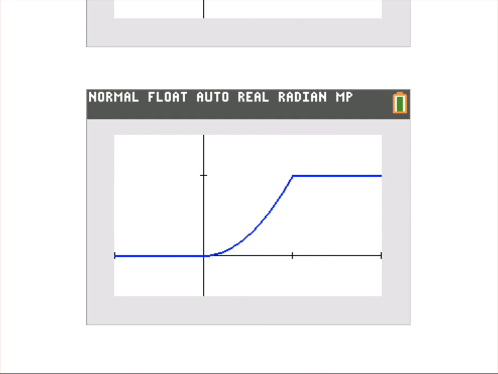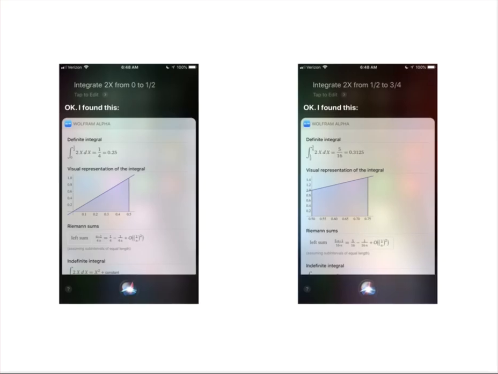Now let me show you one more tool that you may or may not be familiar with, but my guess is that each one of you has a very nice tool that you can use to do some of these calculus calculations. What I'm talking about is a smartphone.